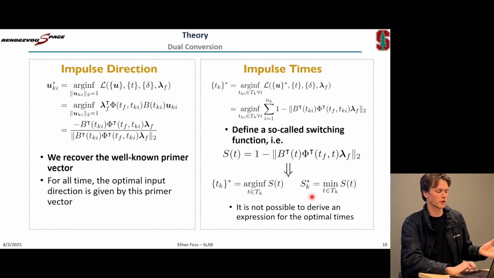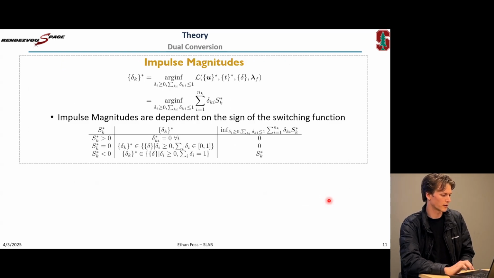And we can also determine, well, we can't determine, but we define also the minimum switches that occur over those time windows. Generally, it's not possible to derive an expression for what these things are, but we'll see that when we numerically solve the problem, we can recover what these are upon completion.